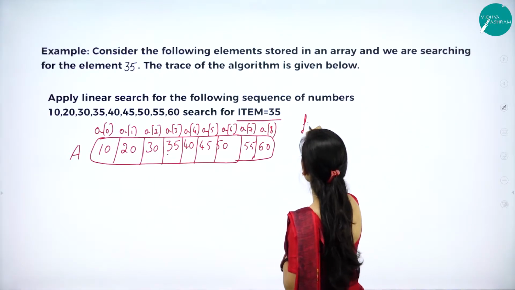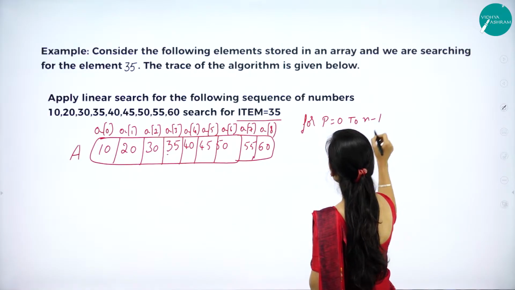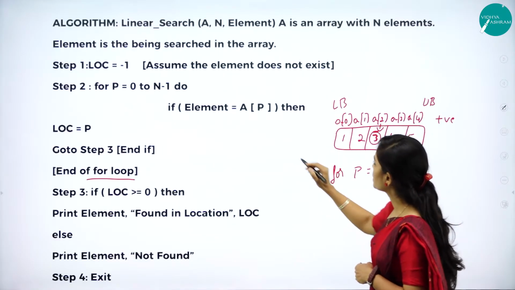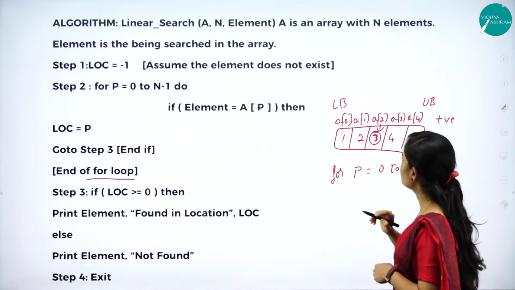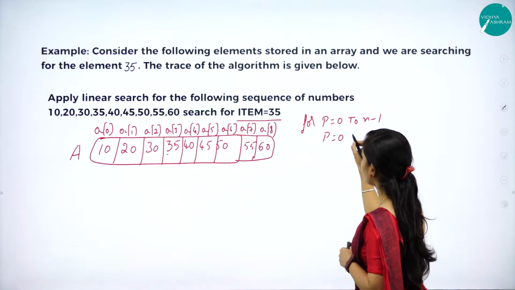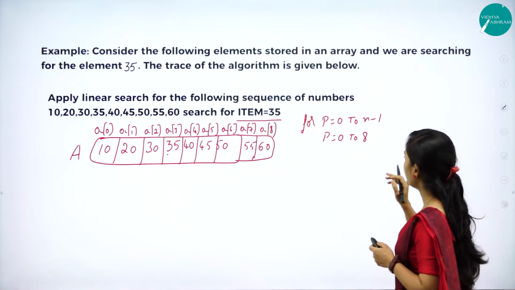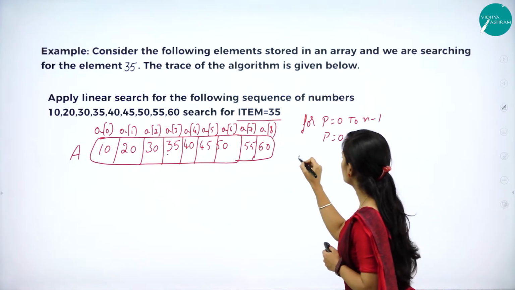For P is equal to 0 to n minus 1, if element is equal to A of P. So here P is equal to 0 to n minus 1, which means 0 to 8. We have 0 to 8 and we have to search an element.